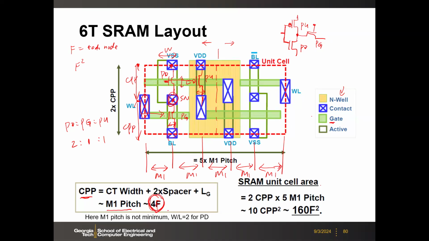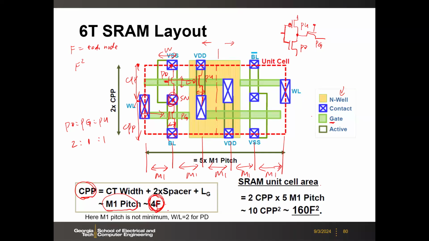So I would say what really matters is the CPP and the M1 pitch. This is something that is defined by the design rule. It happened to be around 4F if you use F the same as the tech node, which is meaningless. But if you do that, then the CPP and M1 pitch in the SRAM design is roughly 4F in the older technology nodes.